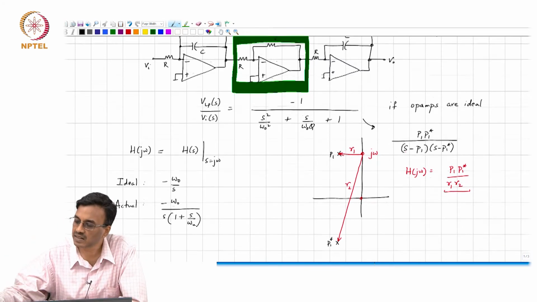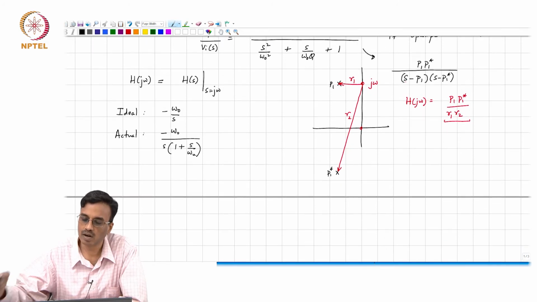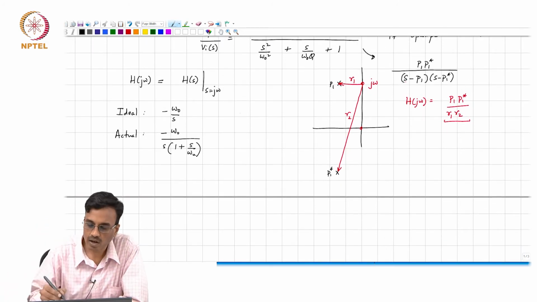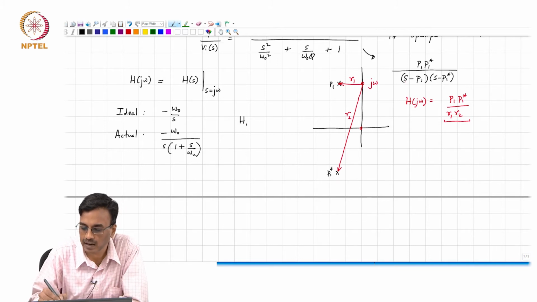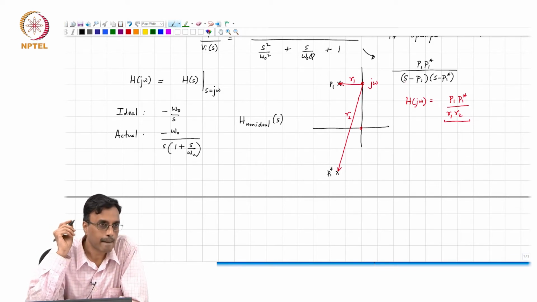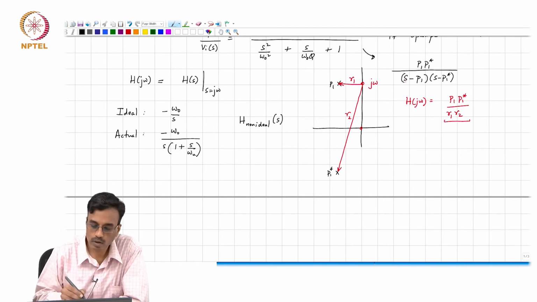So if you stare at these two expressions, what do you see? In other words, how will you express the non-ideal transfer function in terms of the ideal one?